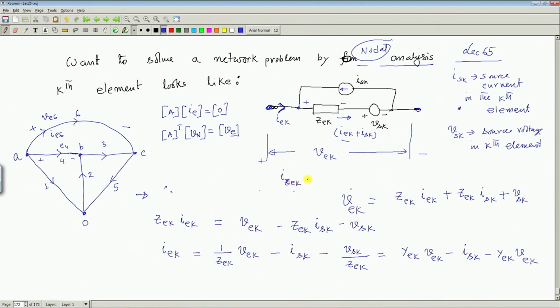I Z d k will be the element current I have found out, I e, any branch column vector. It will be simply this one: I e, the element current vector, plus I s, is it not.